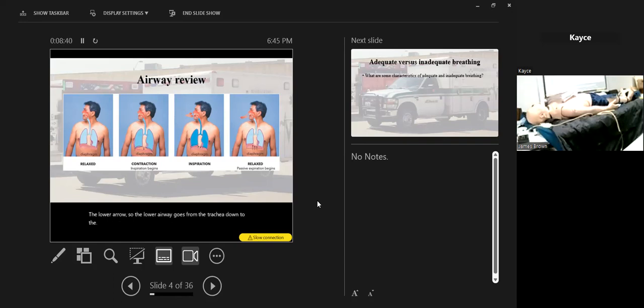So the lower airway goes from the trachea down to the lungs. What do we call the two branches? Bronchioles that split into bronchi. Oh no, you're right. Bronchi split into bronchioles, which end in alveoli. Right. And what's this little notch here called? Anybody know? For the lung split.